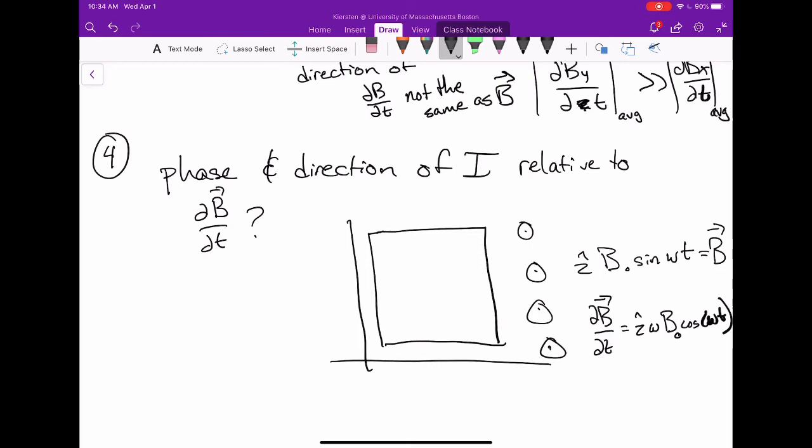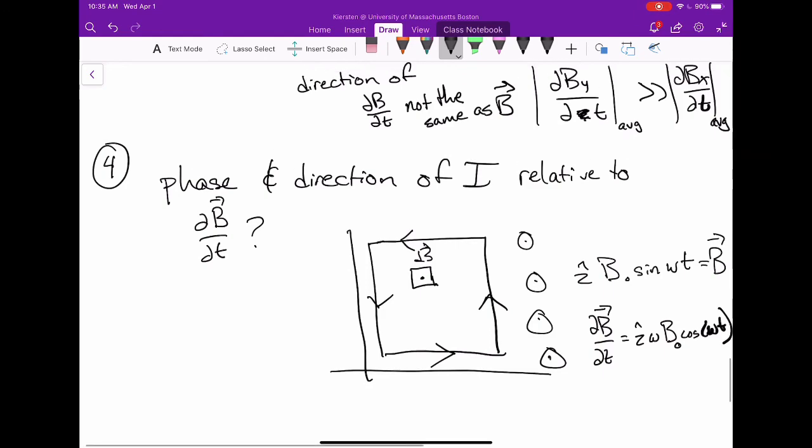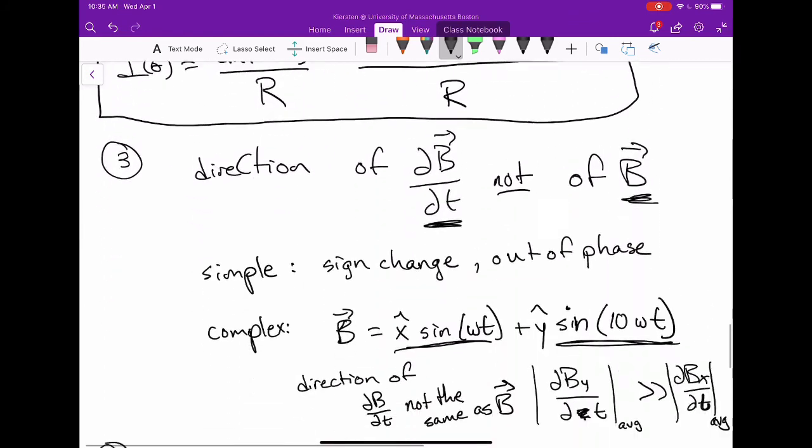Now, recall that we defined our surface normal vector pointing in the positive z direction. So it's pointing out of the plane, and that means that this contour goes in this direction. Going back up, I'll just restate.